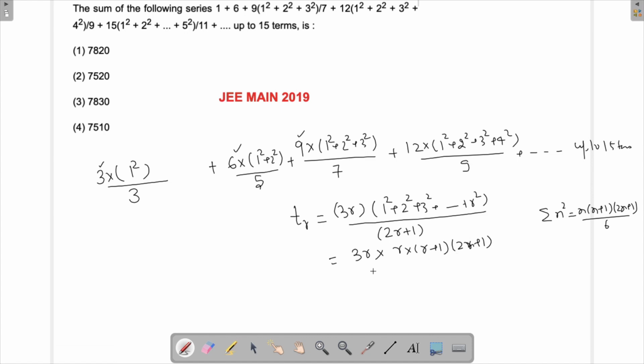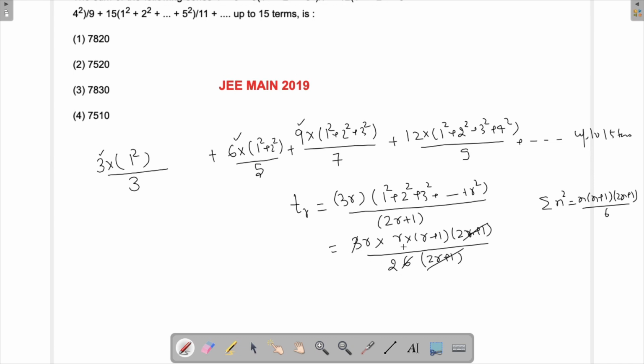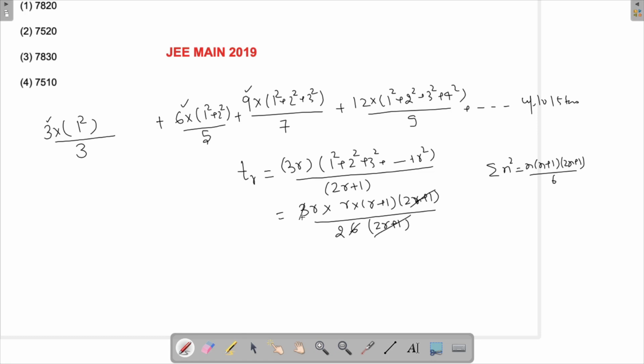And then we already have 2r plus 1, so this 2r plus 1 will get cancelled. Then this will get cancelled too. So what I've got is 1 by 2, and if I multiply these terms inside, this will be r cube plus r square.